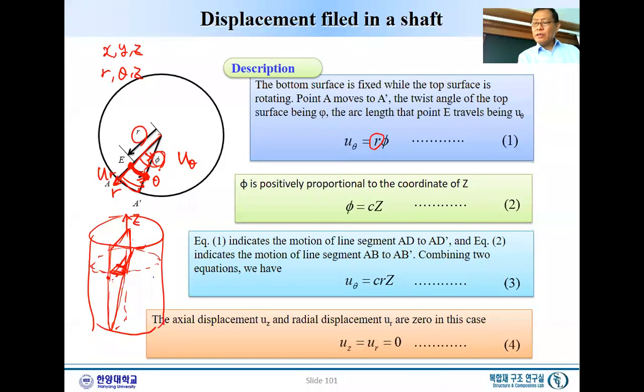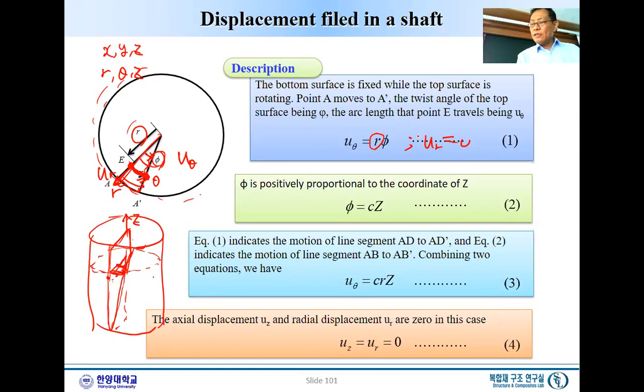Phi is the rotational angle. So u_theta is simply r times phi. And importantly, this circular cross-section shape does not expand like that, does not shrink, which means that u_r equals 0.